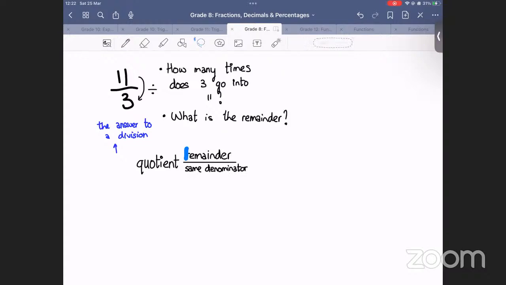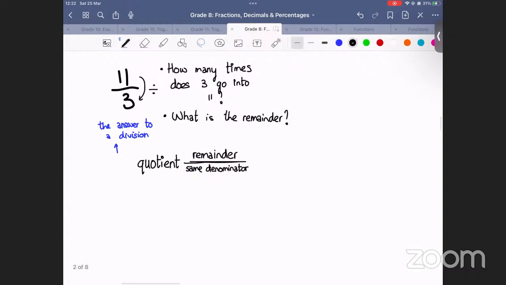That's how you're going to structure your answer for a mixed number.